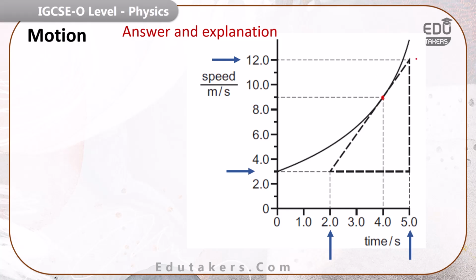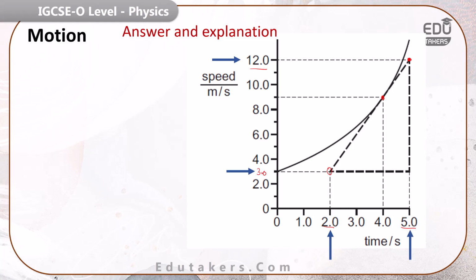You need to draw a tangent line at 4 seconds, then find the corresponding values on the speed and time axes. So at this point, the speed is 12.0 meter per second, and at this point the speed is almost 3.0 meter per second. Accordingly, the time values are 2.0 and 5.0 seconds.